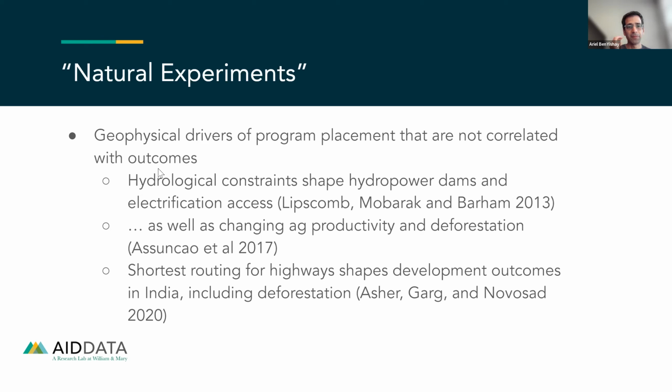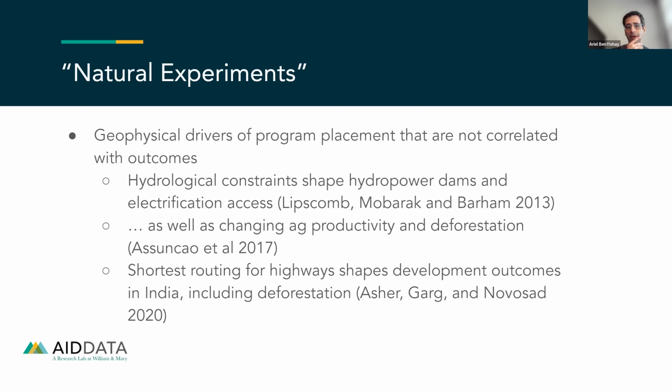Turning then from RD and matching to natural experiments, there are lots of other geophysical features and drivers of program placements that are not correlated with outcomes. Things like hydrological constraints that shape where water flow can be.